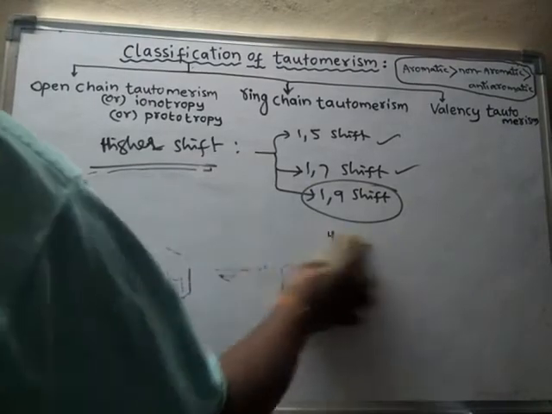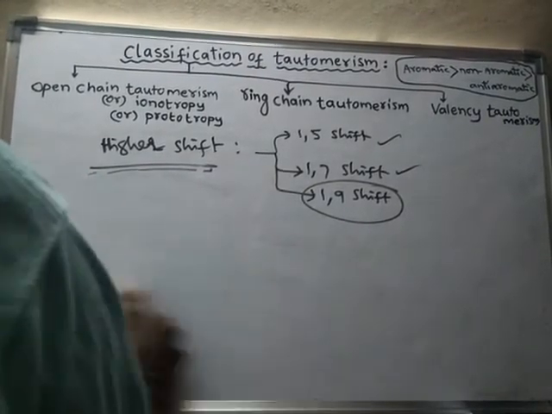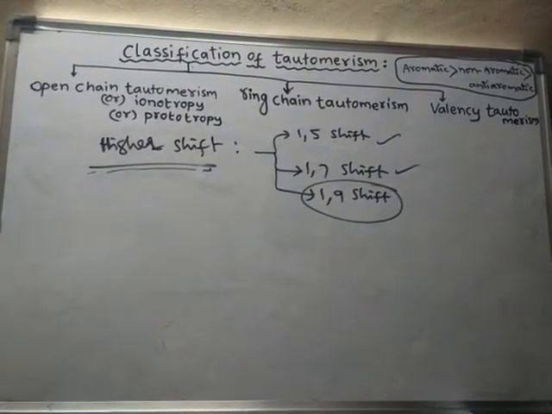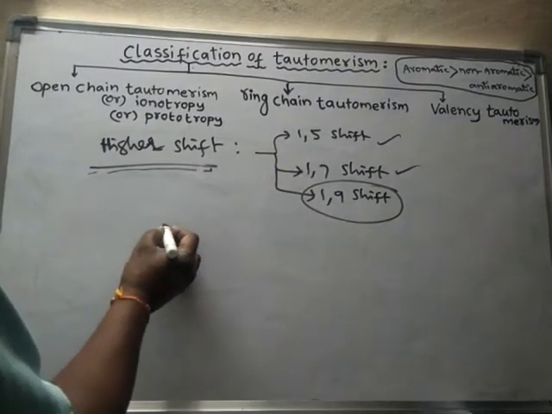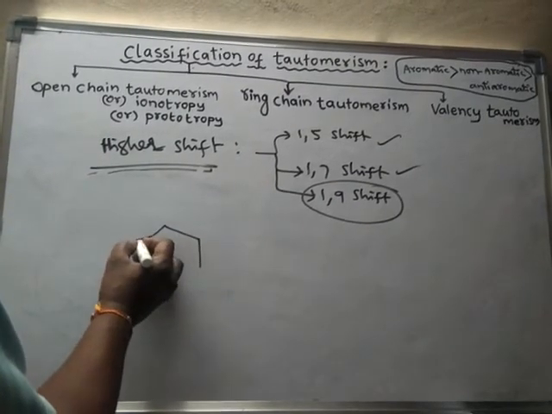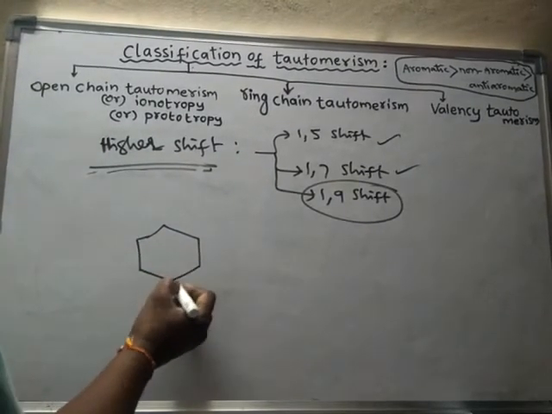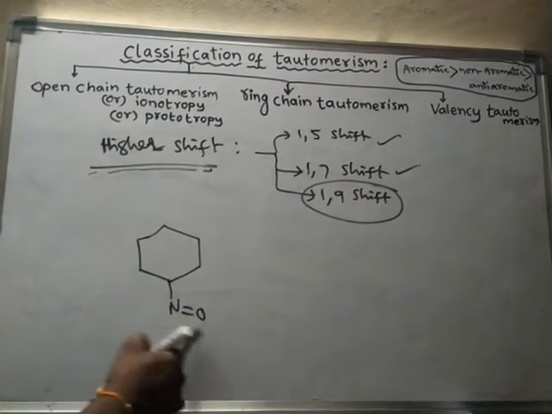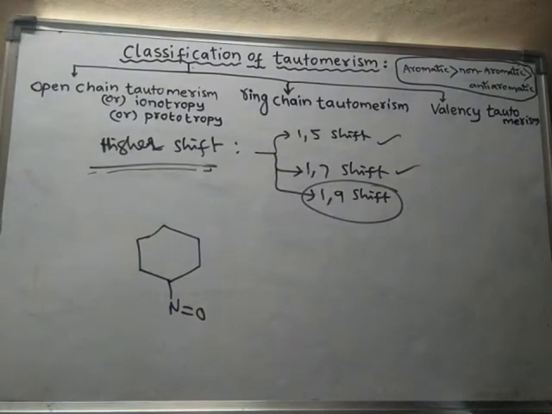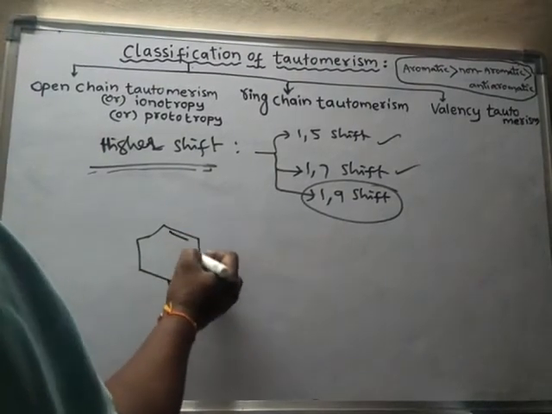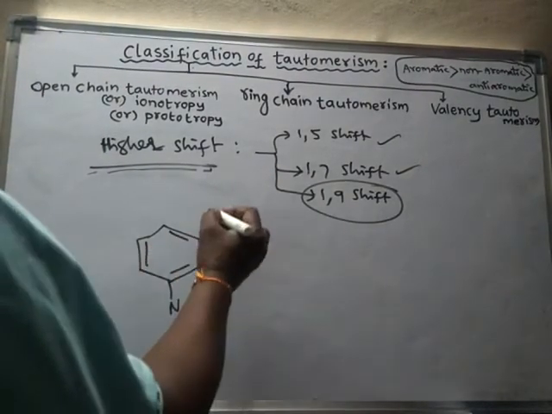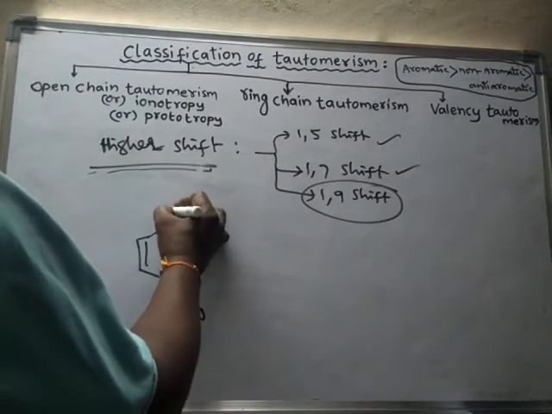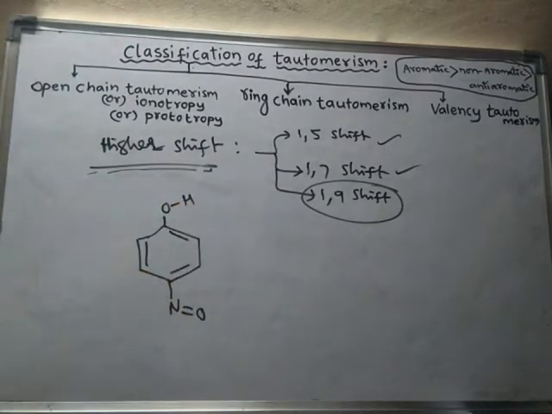So now we will learn about examples of 1,7 shifts. For example, if it is like this, nitroso. If it is like this, hydrogen.